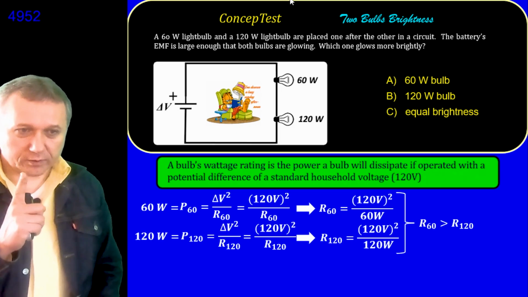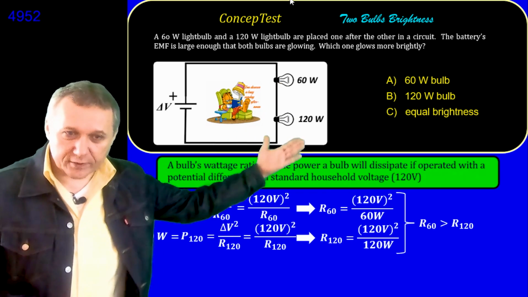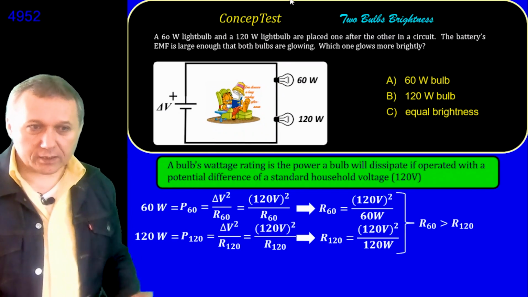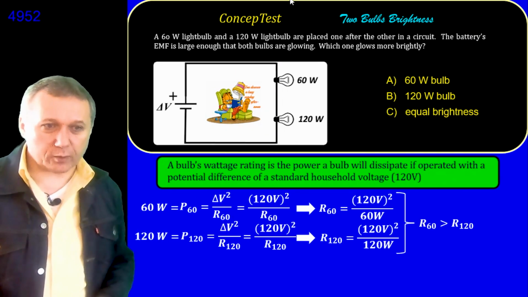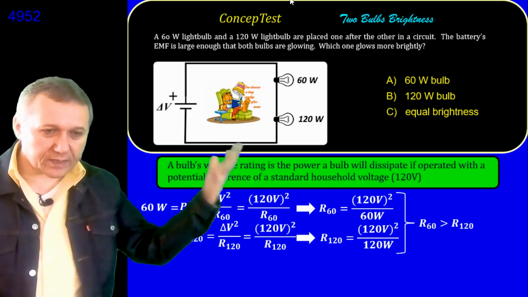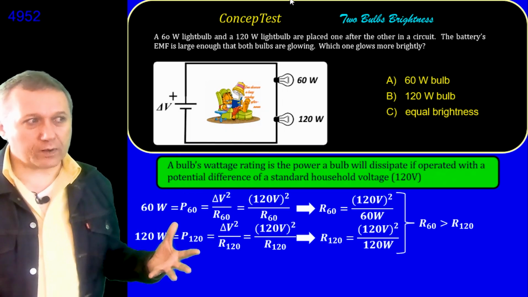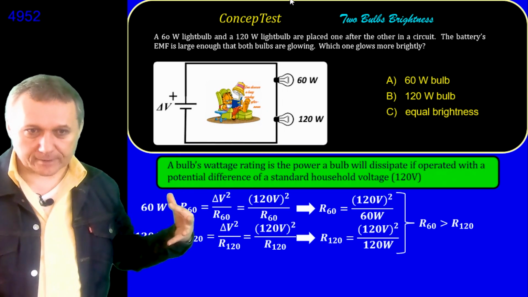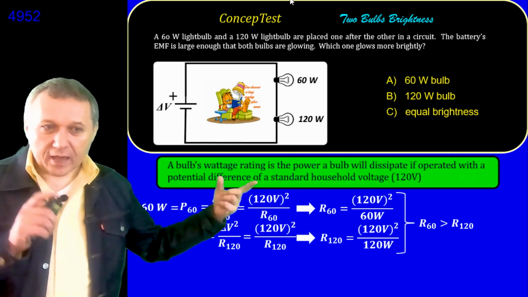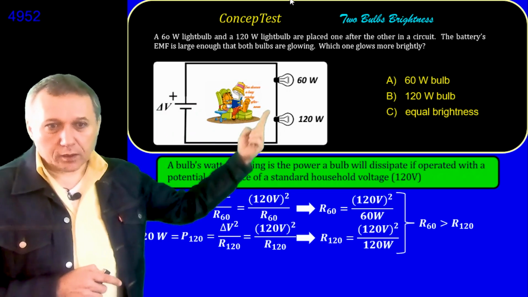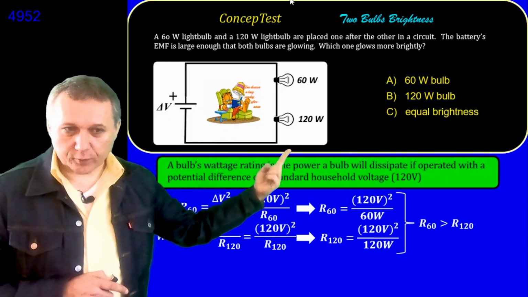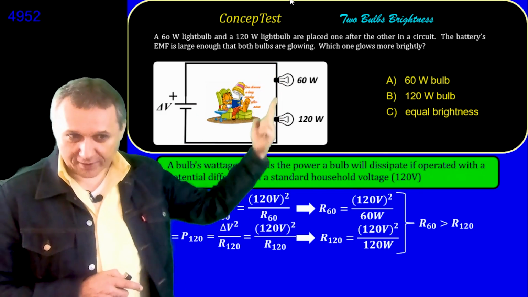Okay, now once we know this intrinsic parameter, the resistance, we should be able to calculate the actual true power for this case. And which formula should we use? Again, we need to use those formulas for power: I times delta V, delta V squared over R, or I squared times R. We have information about the resistance, and the current is the same flowing through these bulbs because they're connected in series.